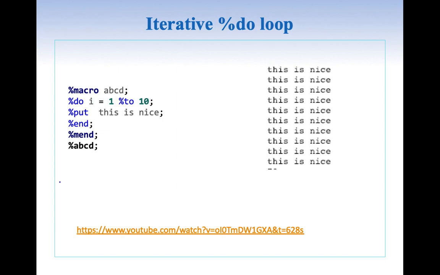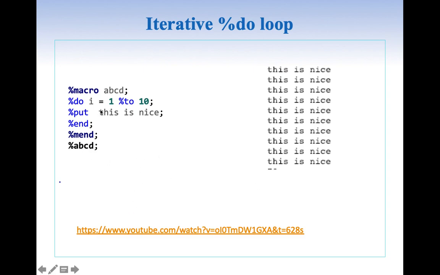Now let us discuss the iterative %DO loop. What the iterative %DO loop does is it iterates however many times we mention and performs a particular action that many times. Let us try to understand this by an example.